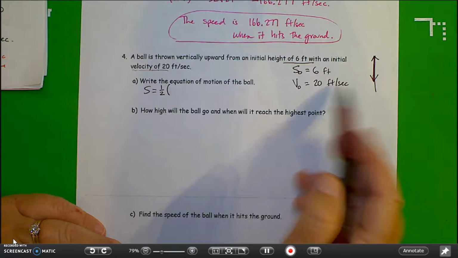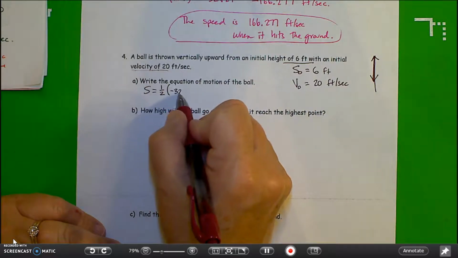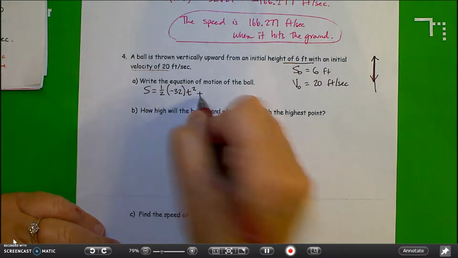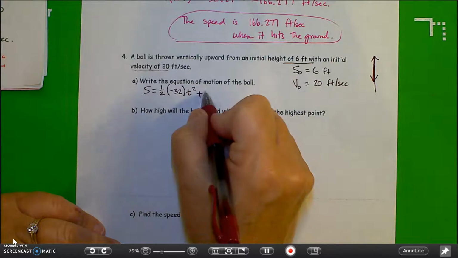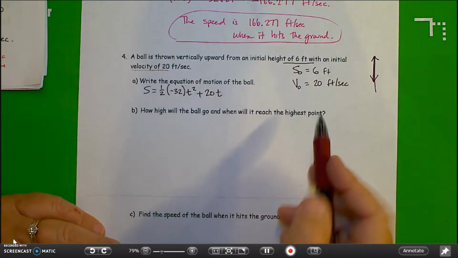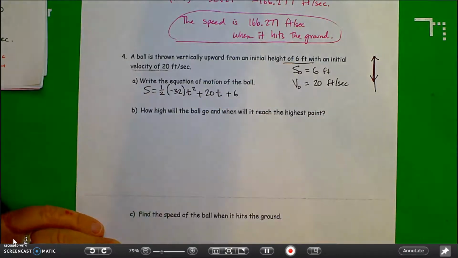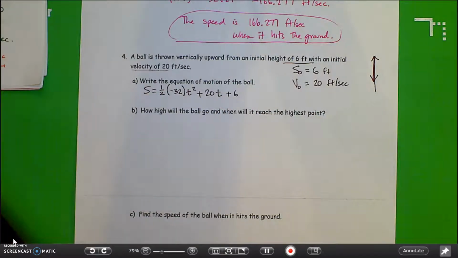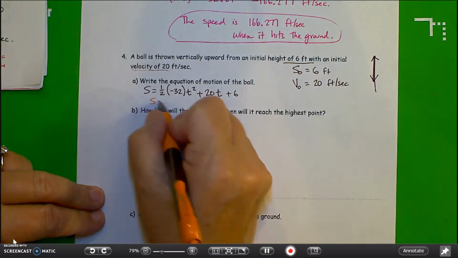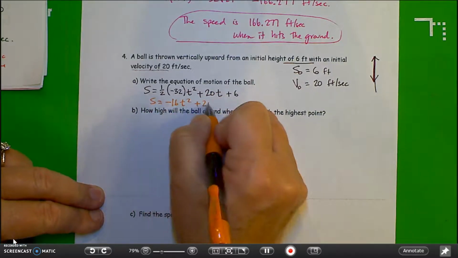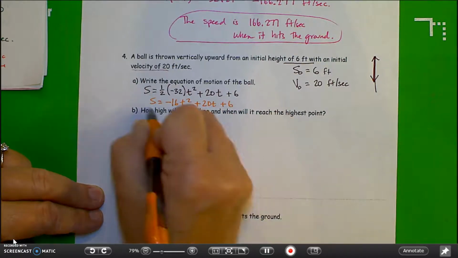Since we're using feet per second, the acceleration is negative 32 feet per second squared times time squared, plus the initial velocity times t, so it's 20 times t, plus the initial height of 6. So that's the equation. We can clean it up. So we get s equals negative 16t squared plus 20t plus 6.